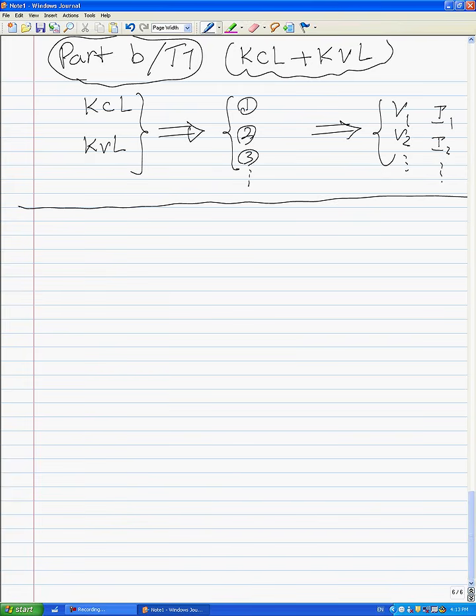Again, KCL and KVL together can solve any circuit by obtaining equation systems, and after simplifying and solving them, we can find the unknowns.